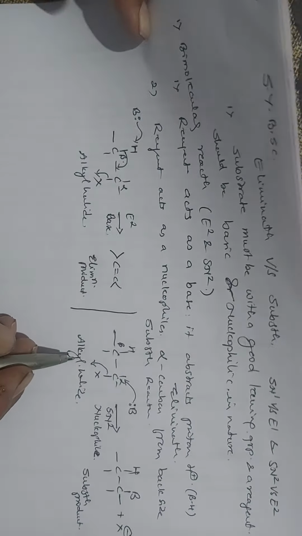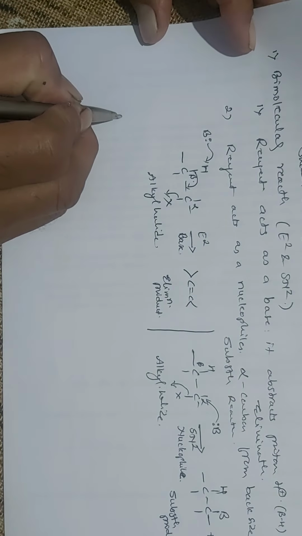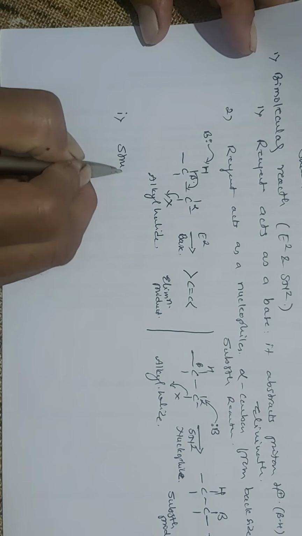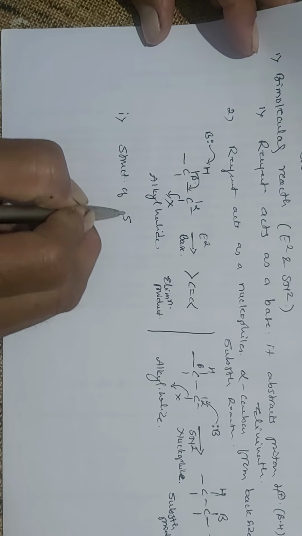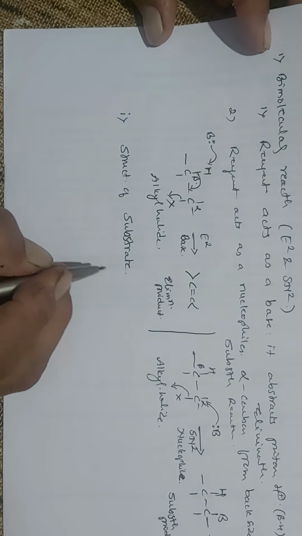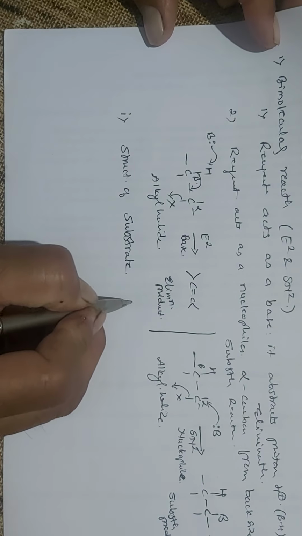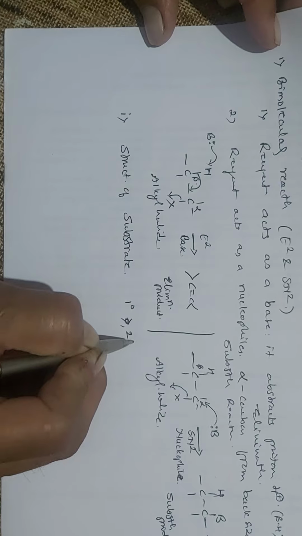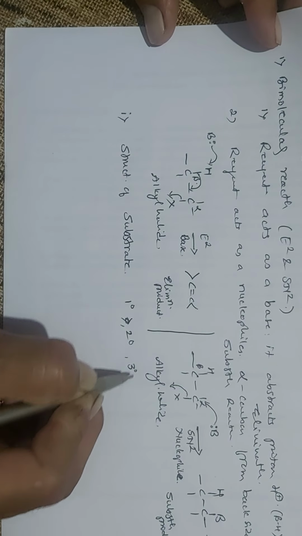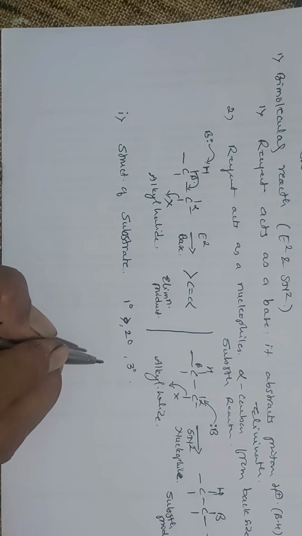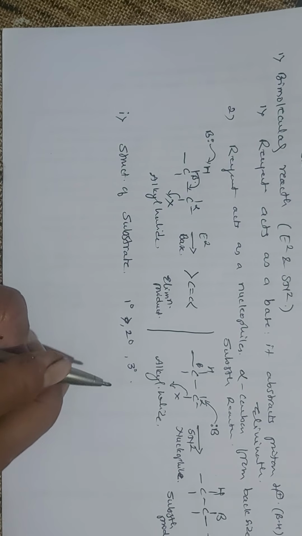Then if you see the structure of the substrate, the structure may be a primary alkyl halide, a secondary alkyl halide, a tertiary alkyl halide, or a methyl halide.